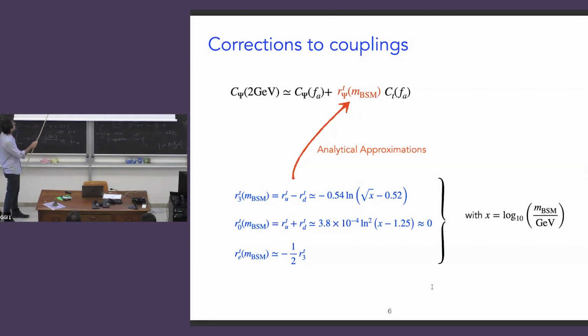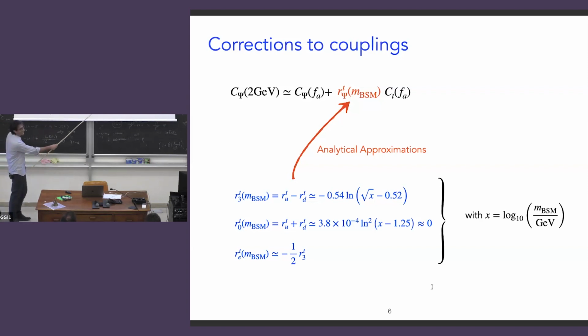So we can get the isoscalar or isovector combination of these two, up minus down and up plus down, and then we actually have an analytical fit. This is an analytical fit which is good at the level of 3% probably, 2%, right? So it's quite a good fit.